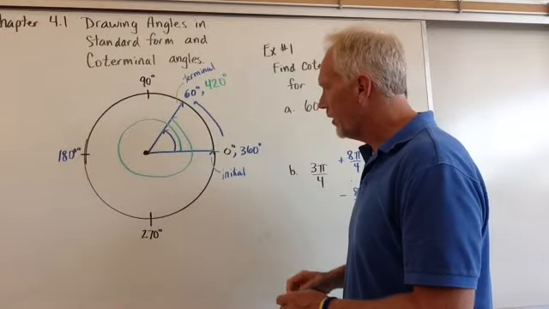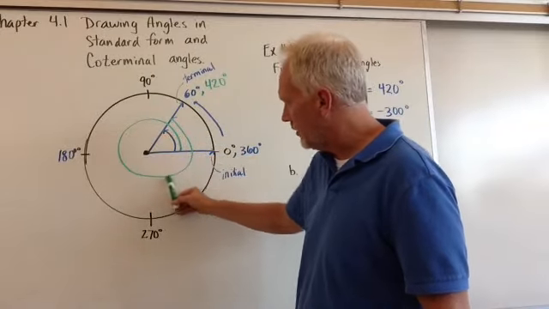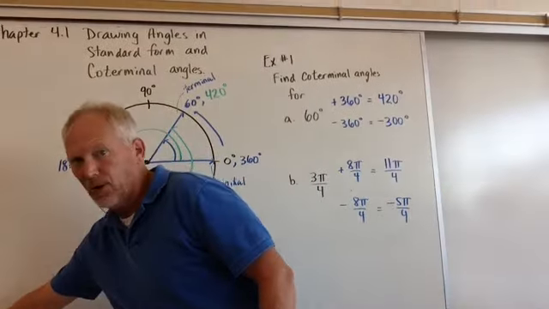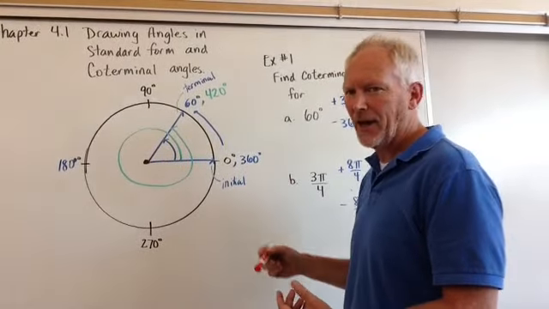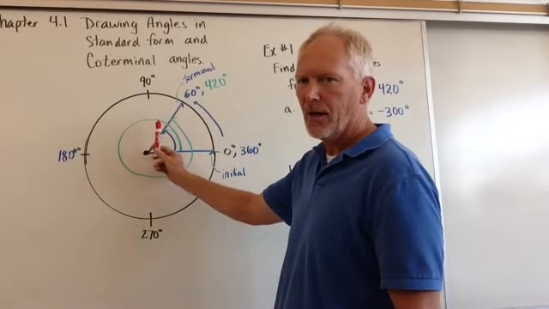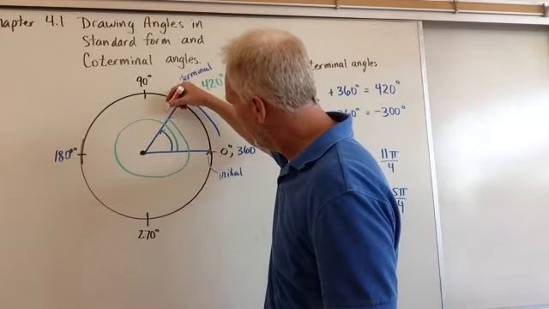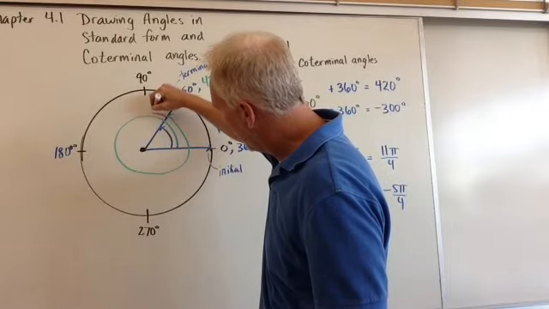Now the other thing I could do is, because I took this and added 360 degrees, a full revolution around, I could also go the opposite direction, which would be a negative angle. If we want a positive angle, we always go counterclockwise. If we want a negative angle, I can go the other way. So I could start here at this mark and go around again, back.